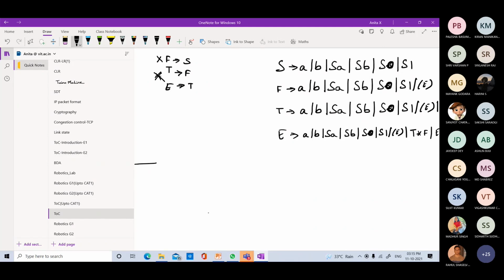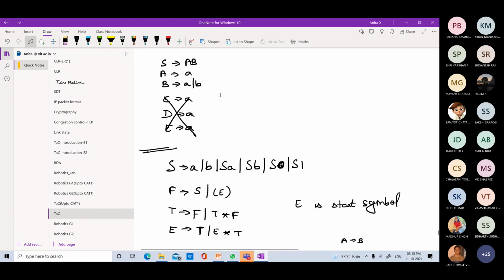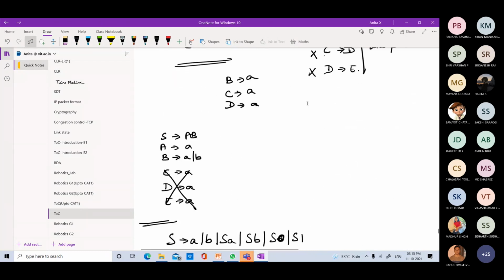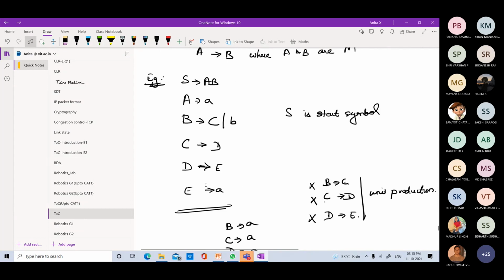These steps cannot be done interchangeably. Here you can see, initially, is there any useless symbol in this grammar?